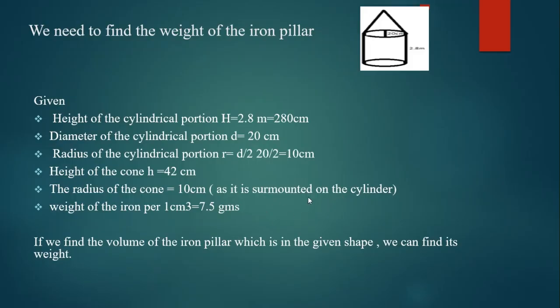Now if we find the volume of the iron pillar, which is in this particular shape, we can find its weight. When we are able to find the volume of that iron pillar, it is easy for us to find the weight.